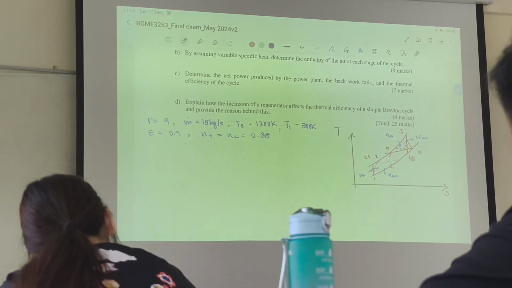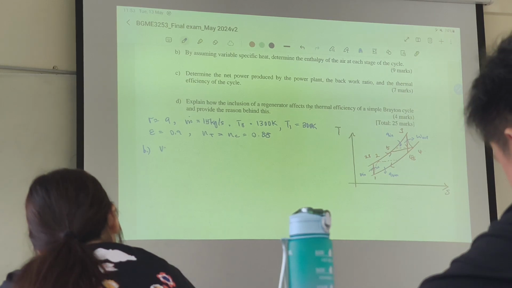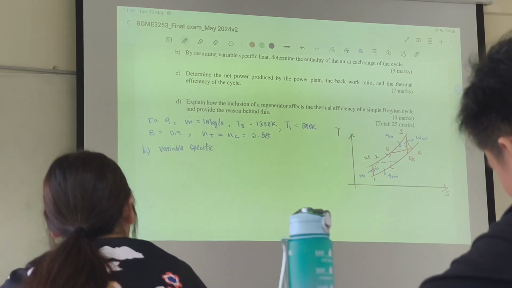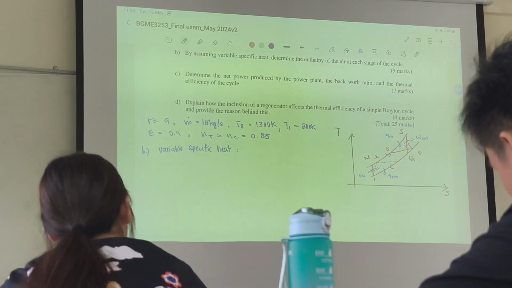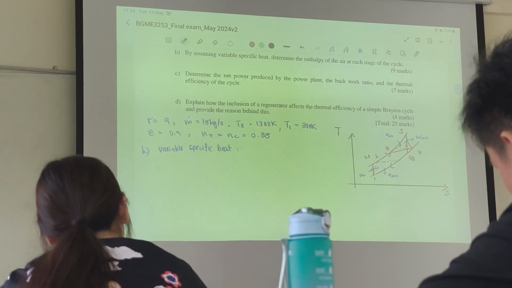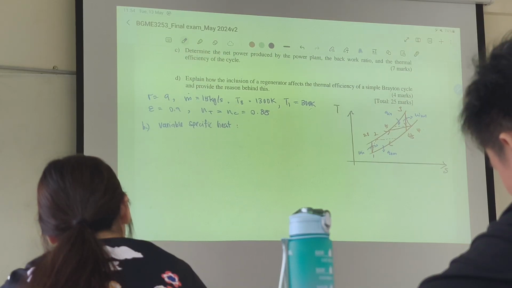Part B: by assuming variable specific heats, so this is a variable specific heat question, determine the enthalpy of the air at each stage of the cycle. I think you know how to do this, right?